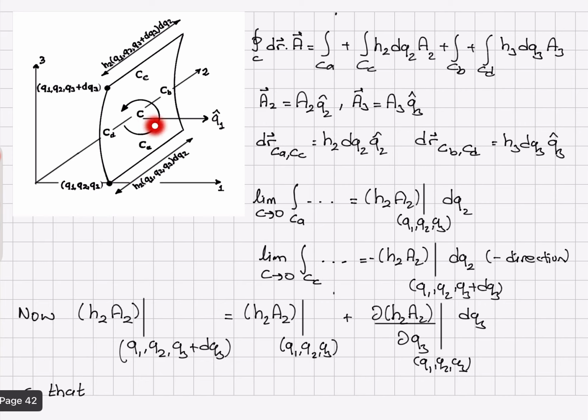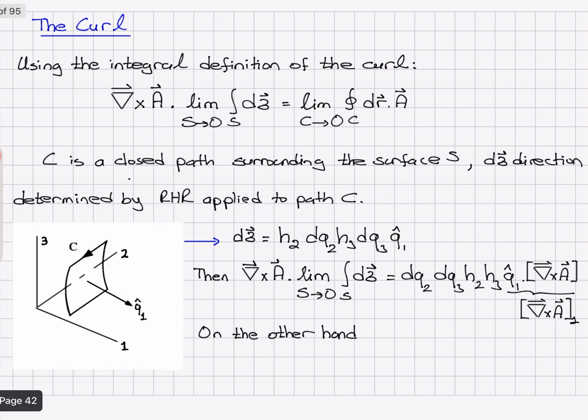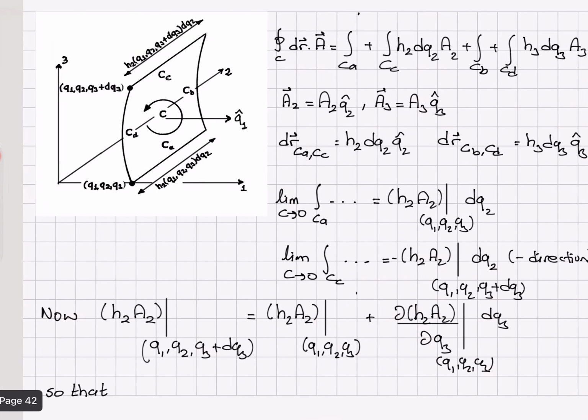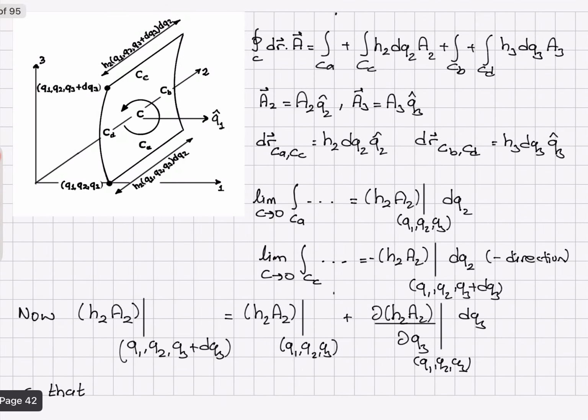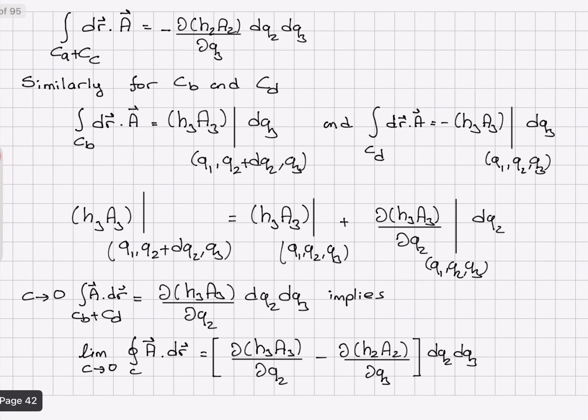The direction of the area vector is determined by the right-hand rule. The right-hand rule tells me it's in Q1 hat direction. The area vector that I'm talking about here is H2 dQ2, H3 dQ3 in Q1 hat direction. The integration along the path gives me this answer, and for CB and CD I have a similar answer, and if I put them together I get this result.